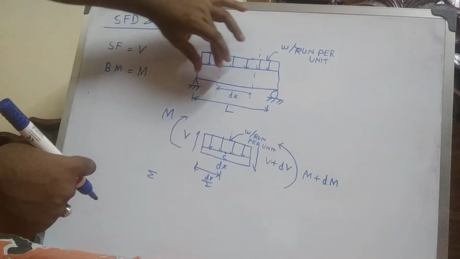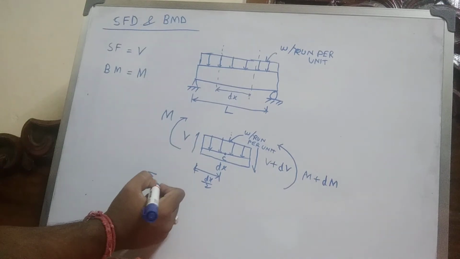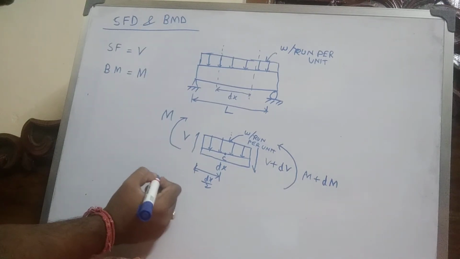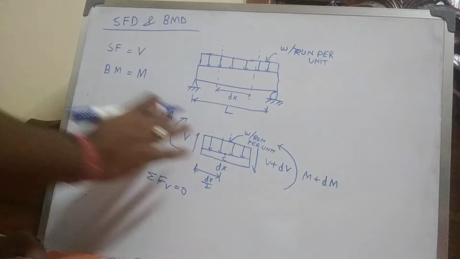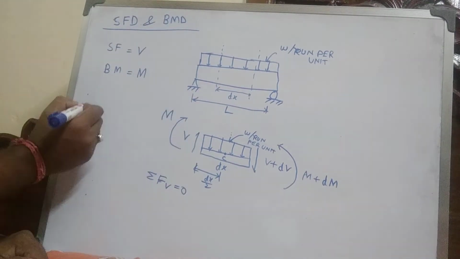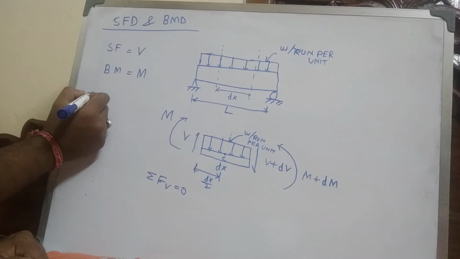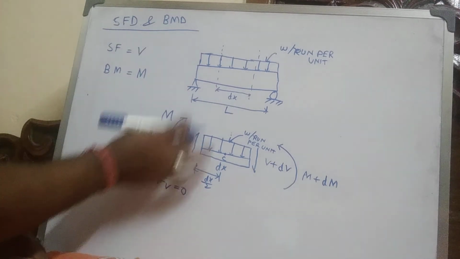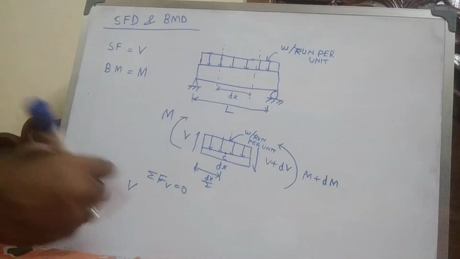This is the section. Summation of Fy equal to 0. Left side upward is positive.